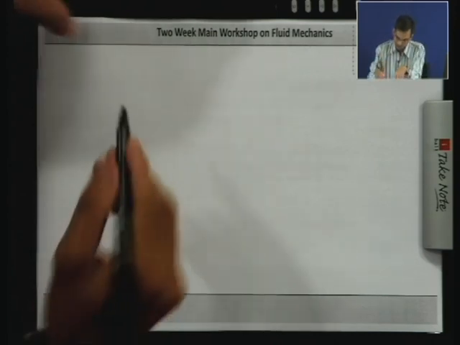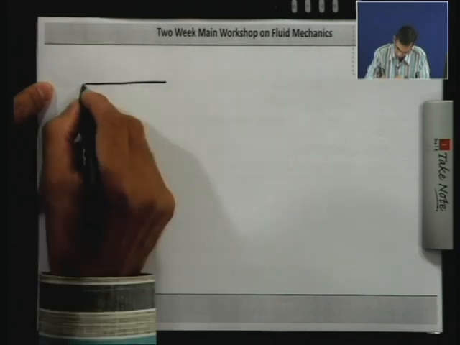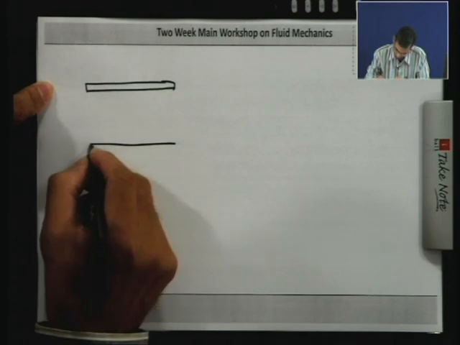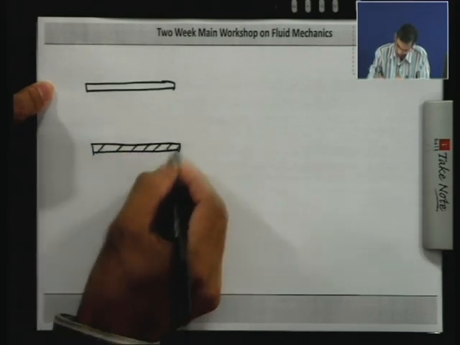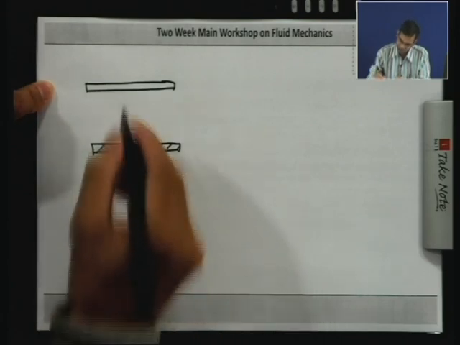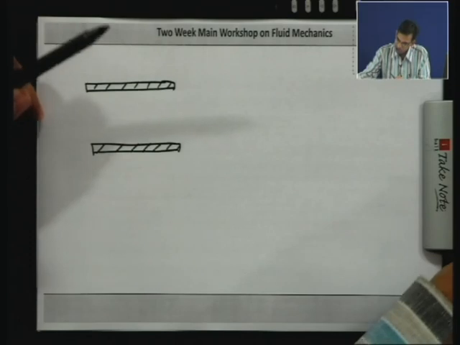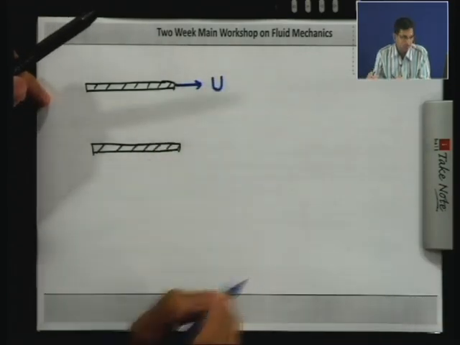So, now if we draw the flow geometry, this is the lower plate which is stationary, and this is the upper plate. This is moving with a velocity capital U that is given in the problem.